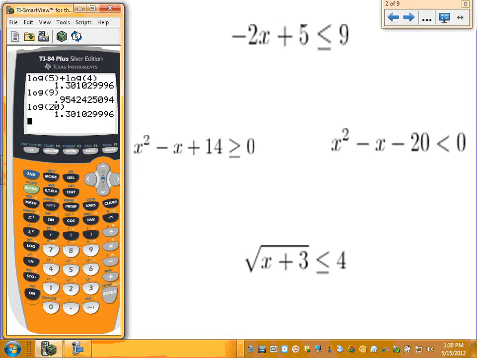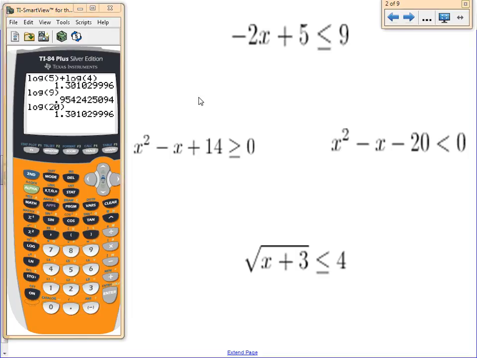All right. Real quick, like this one. The reason it's on there, can anybody remind me why negative 2x plus 5 is less than or equal to 9 would be important to us? The inequality. So what do you have to do when that inequality has the negative right there? Remember that?